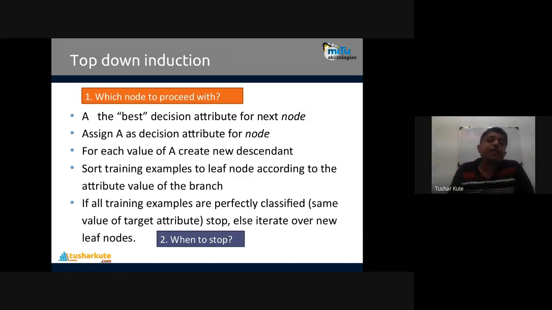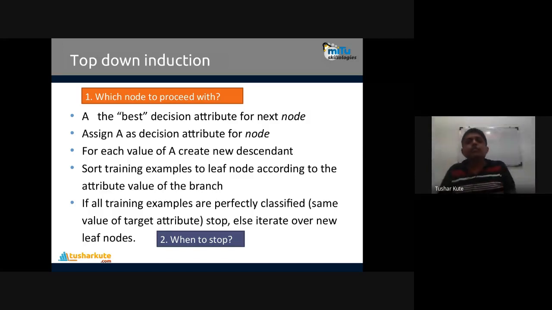For each value of A, create a new descendant. First I have taken A, for example, outlook, and then the second descendant may be windy or humidity. My next descendant is B, then C, then D, and so on. Then sort the training examples to the leaf nodes according to the attribute of each branch.